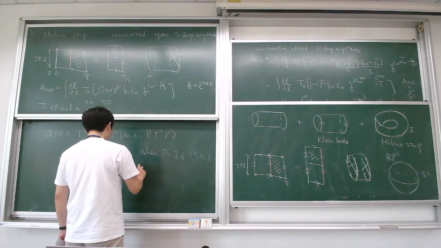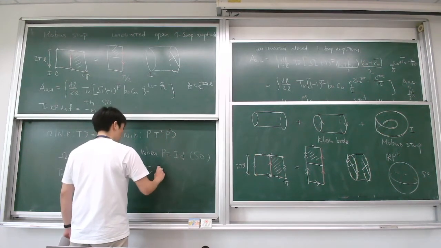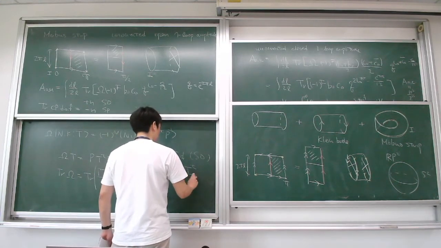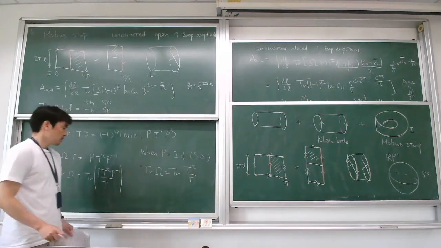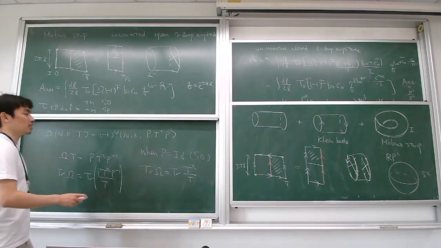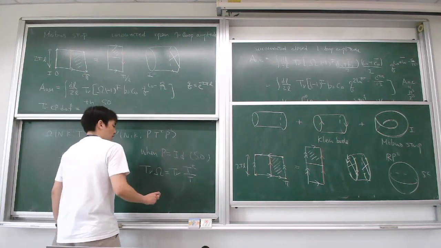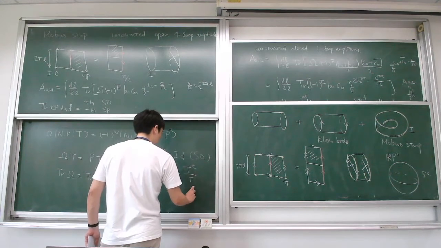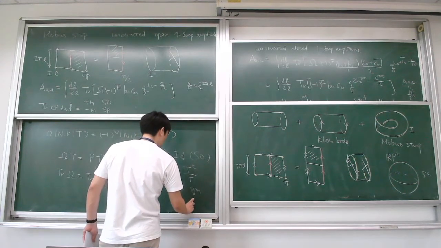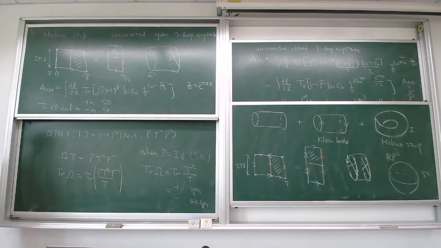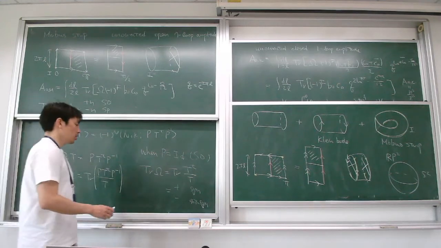Then the trace of omega can be understood as the trace of t transpose t, and this is equal to plus or minus 1 for symmetric and antisymmetric.